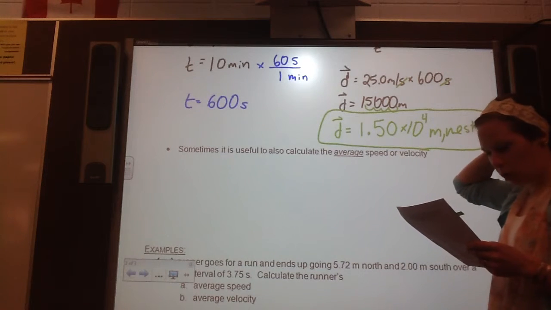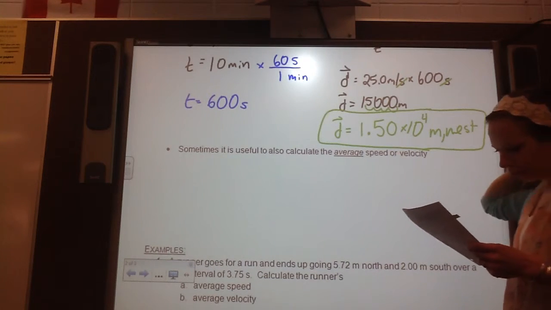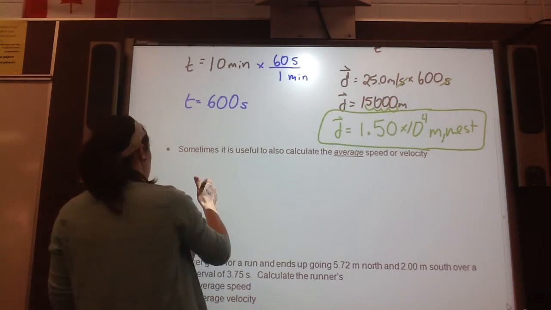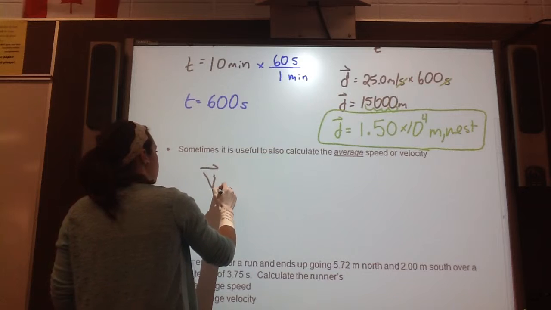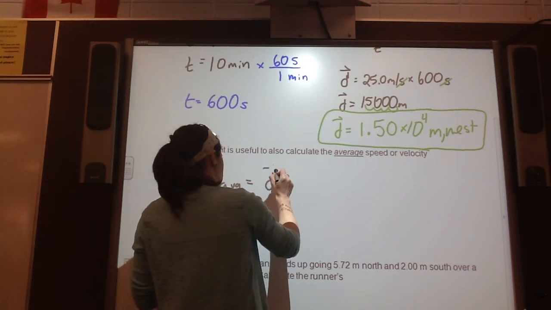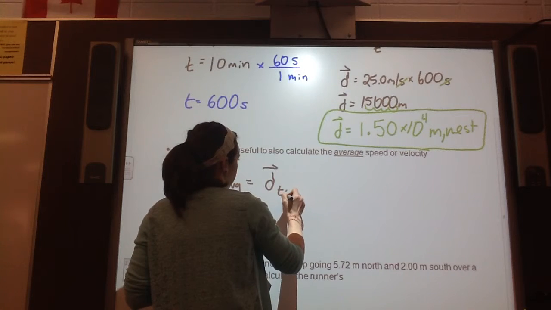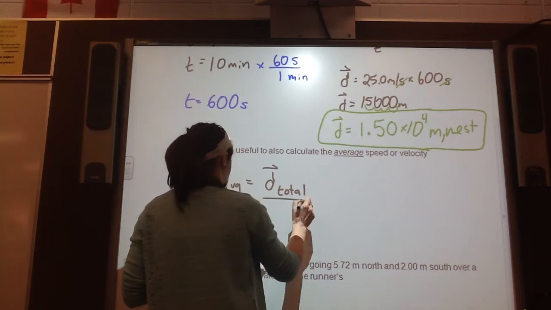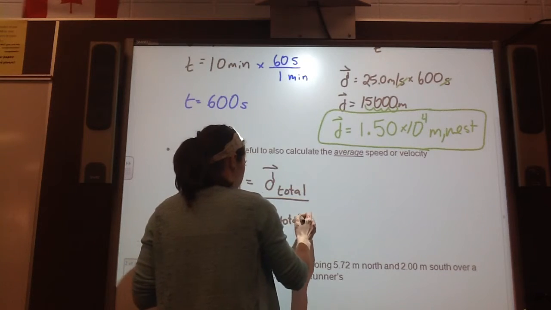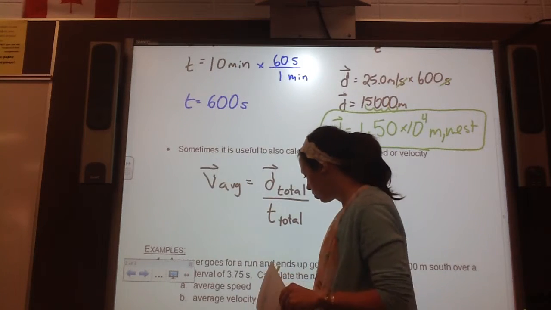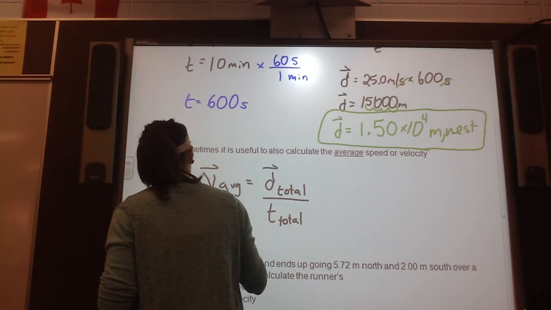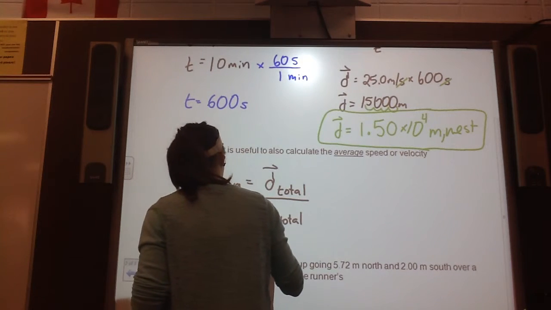Okay, so when we think about average velocity or average speed, V average is our total displacement over total time. So this is average velocity.